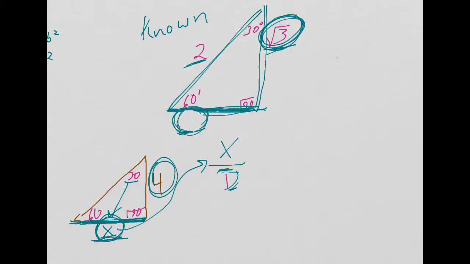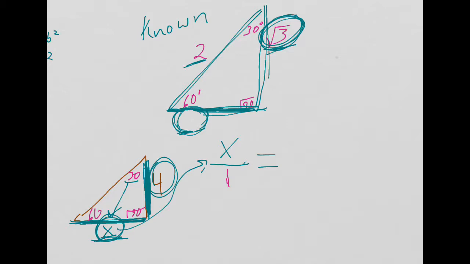Then, here, let me erase some of this stuff here. Okay, so I've set up my first ratio, or my first fraction. And then, I'm going to take the side that I know, which is 4 over here. That's the side that they gave me.